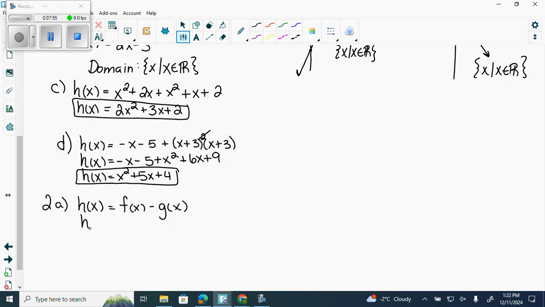And for a, f of x is 6x, minus g of x. g of x is x minus 2. So if we minus x minus 2, what do we actually get? Negative x plus 2. Exactly. And so our resultant equation will be 5x plus 2.